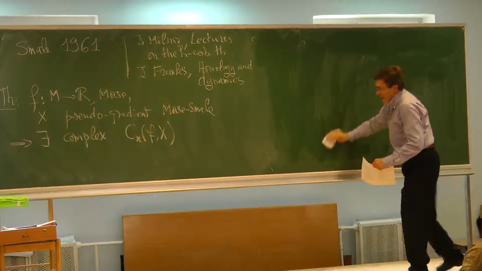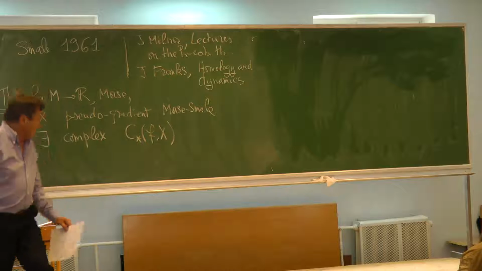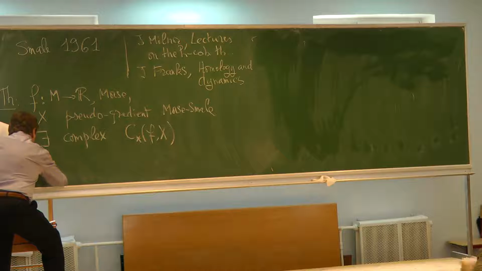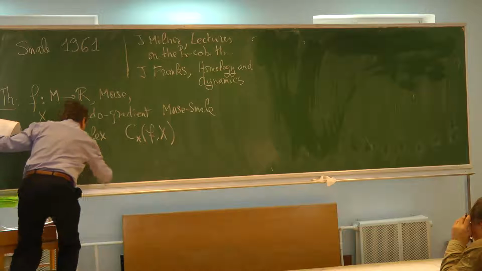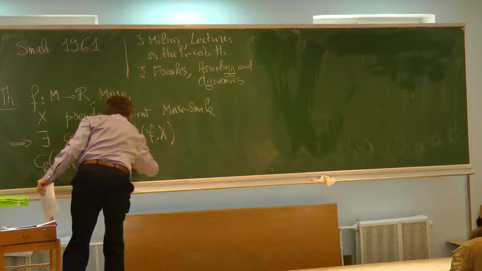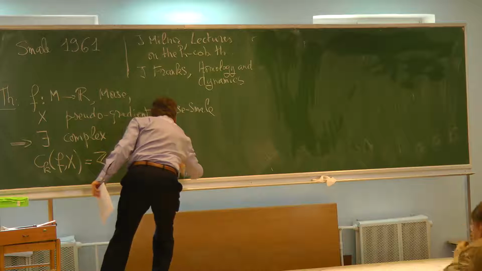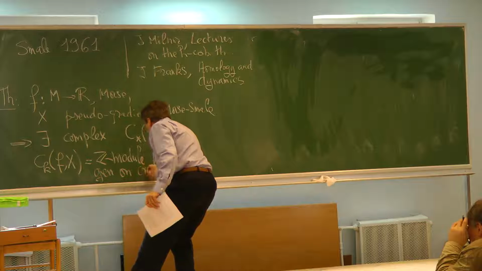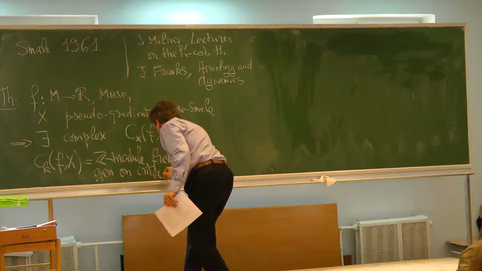That means the star is for grading, and C_k(f, X) is a Z module freely generated on the set of critical points of index k of f.